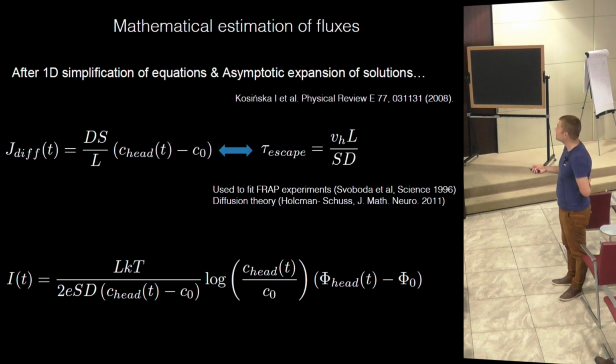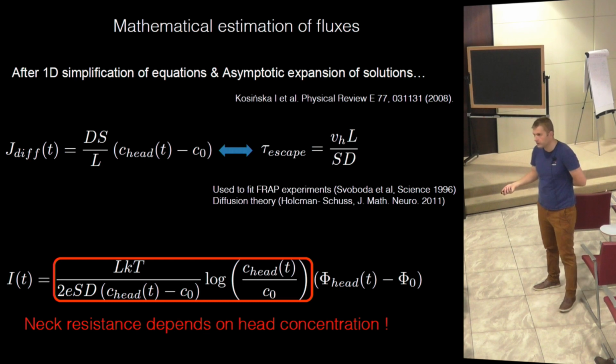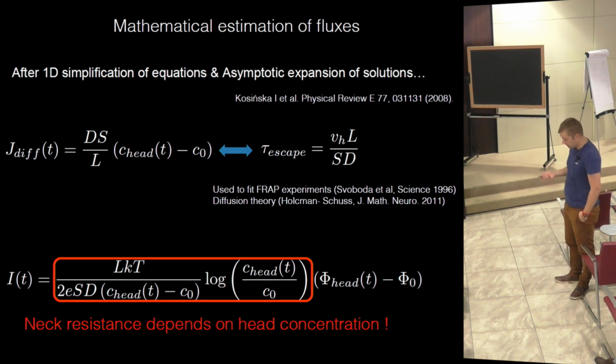But here it's not, because the resistance is varying with the concentration, and the concentration is varying with intensity. So the neck resistance is going to depend on the head concentration, and the concentration, as we'll see, depends on the current. You have this type of logarithmic dependency, which makes everything intercoupled and interesting.